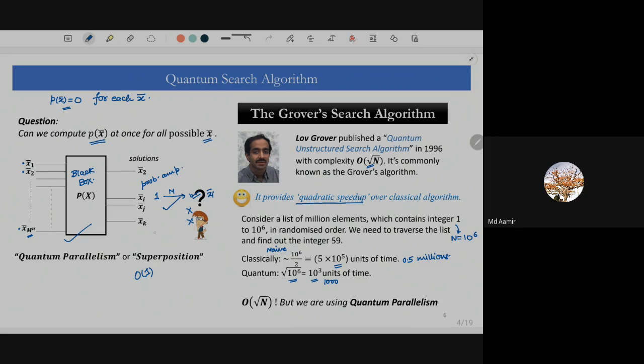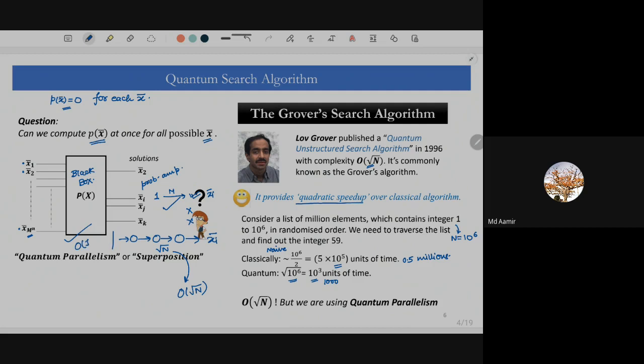We have the solutions here, and then we are performing Grover's probability amplification for order of root n times, and then we are getting finally xi bar. So that's why we have this complexity.